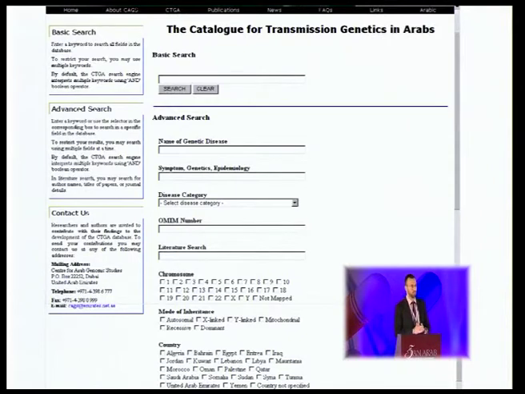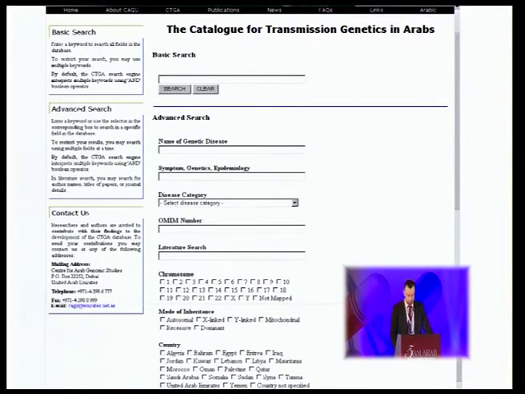Basically, the entries in the database have been categorized into two major types: records that inform about clinical or phenotypic manifestations, and records that deal with molecular data. And these categories are gene or disease phenotypes. Having a quick look at this interface, we can see that there are so many parameters that we can query the database about.